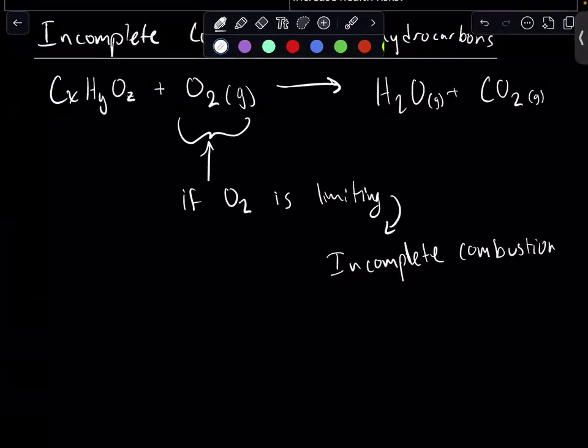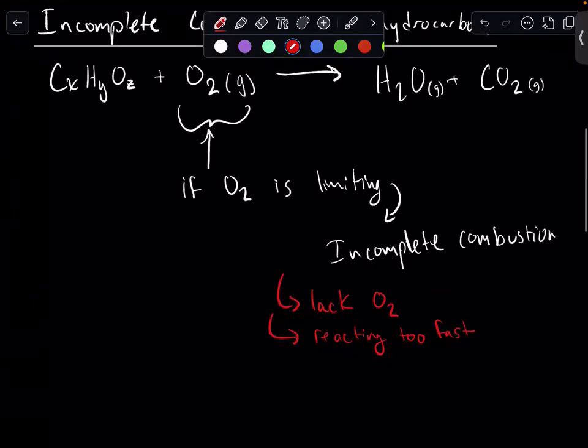Incomplete combustion can just be a general lack of oxygen. This can either be a lack of O2, or it might be our fuel is reacting too fast, so it's like reacting before enough oxygen can replace the oxygen lost from the environment. So these can lead to incomplete combustion.